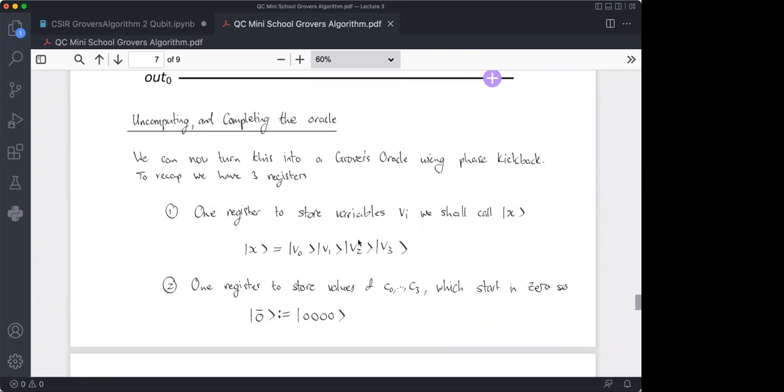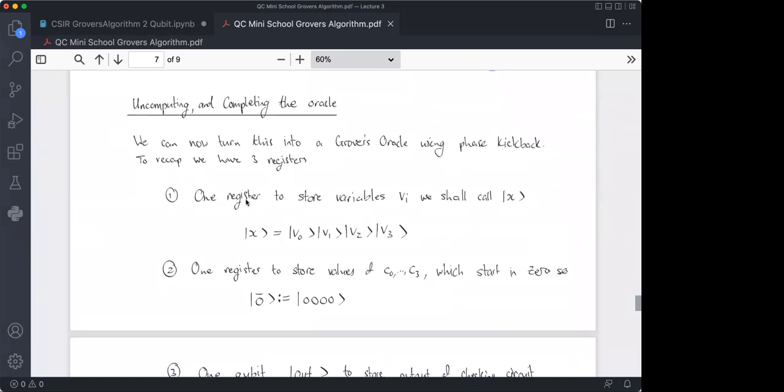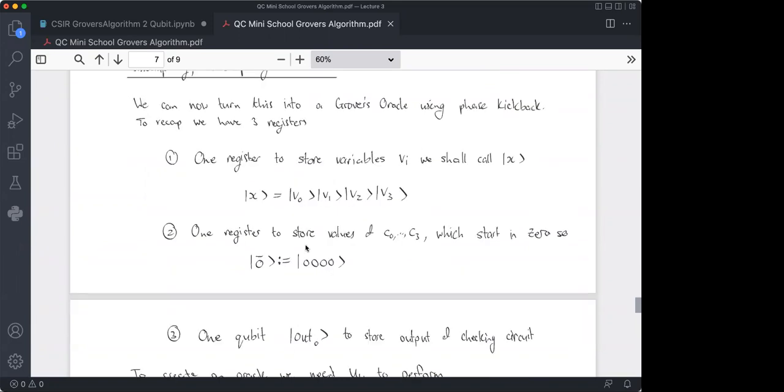Before we can do that, we need to do a quick recap on what registers we have so far in our quantum circuit. We have one register of qubits, which stores the variables V0 to V3, and we call that register X. Then another register of qubits is used to store the clauses, the values of C0 to C3, and these all start in the state 0.